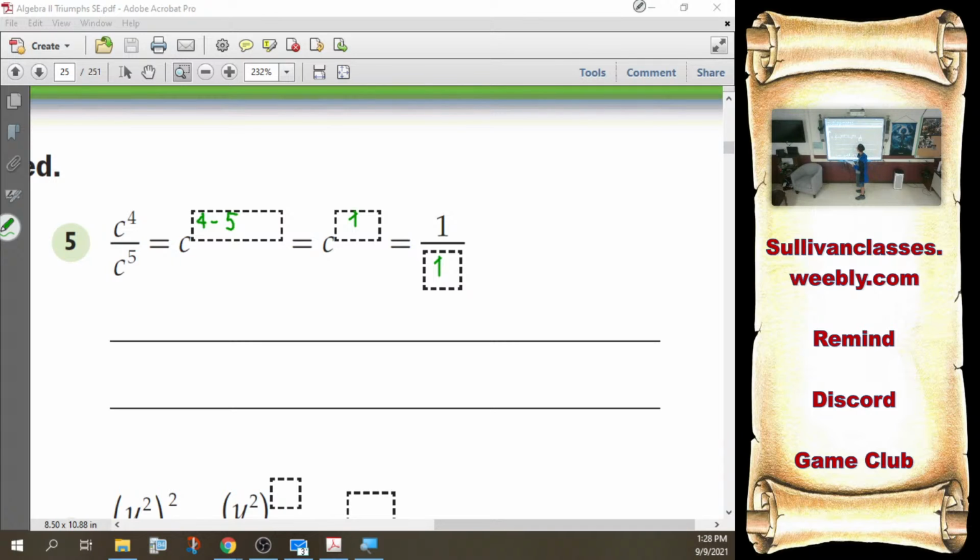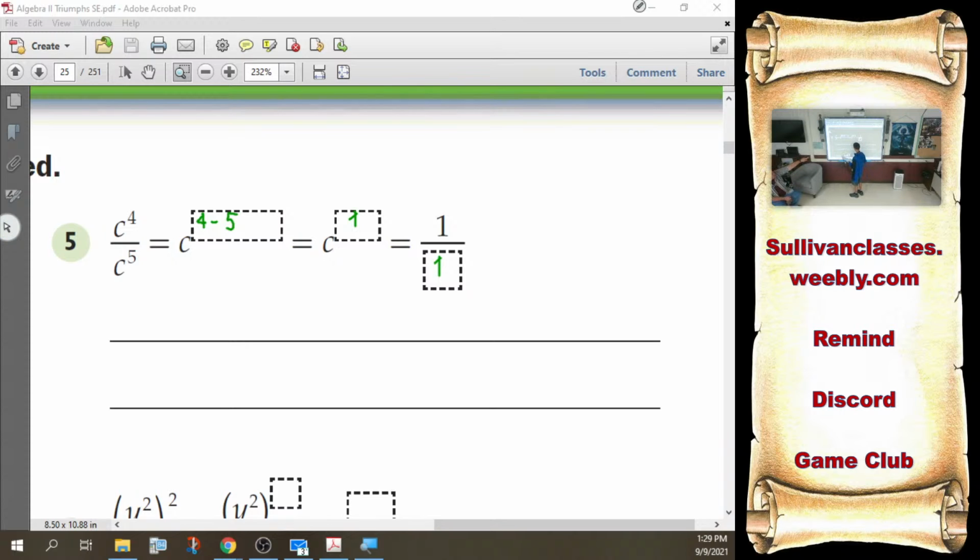Talk to me, Goose. What are you doing? So I took the 4 and 5 and I subtracted it, and then Rule number 6: subtract them. And then I put c to the first power because 4 minus 5 is negative 1.